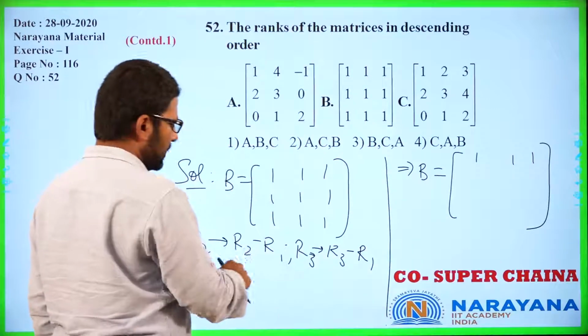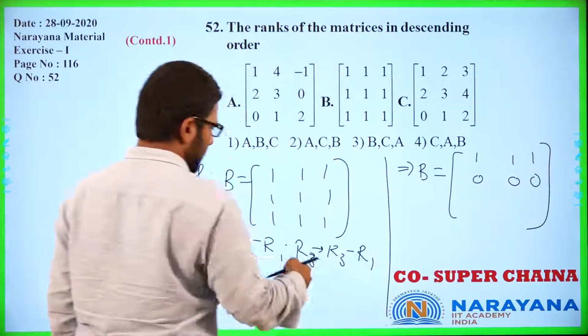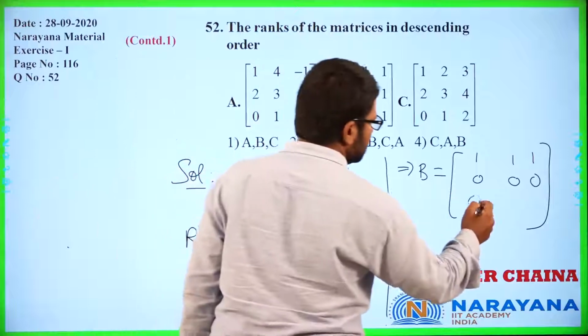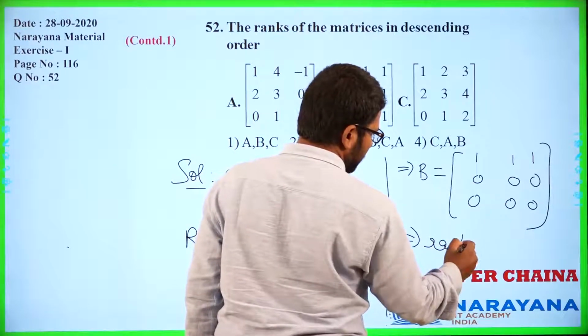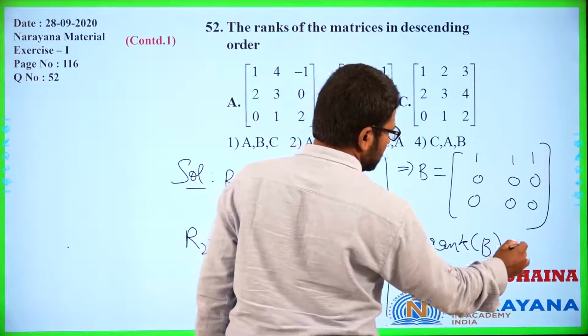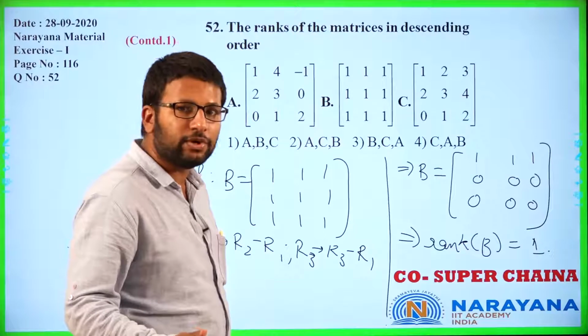What will happen to R2? R2 minus R1, so 0, 0 and 0, and R3 minus R1, again 0, 0, 0. Which means rank of B is clearly 1, right? Because only one non-zero row.